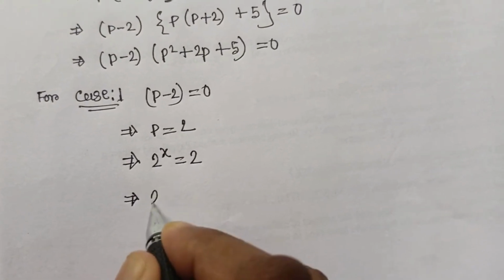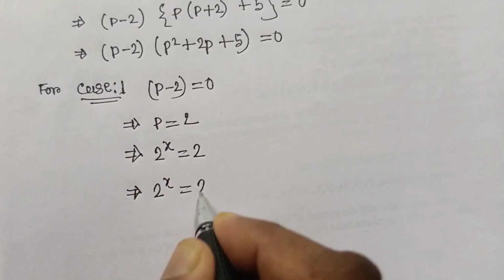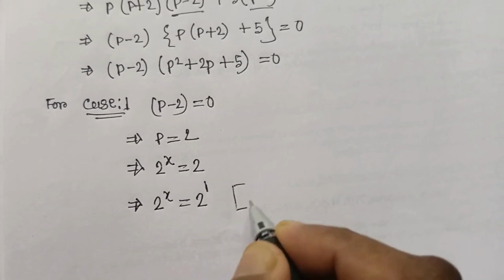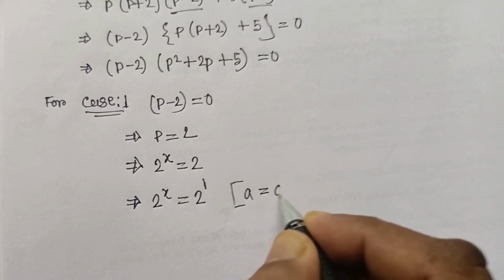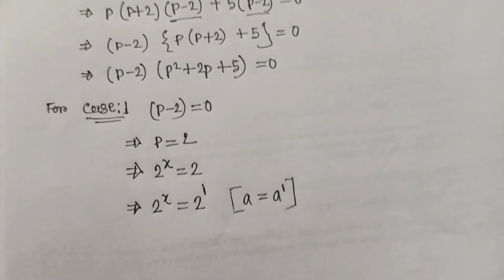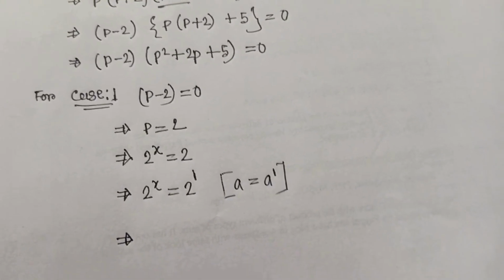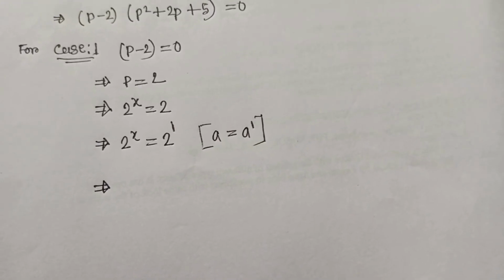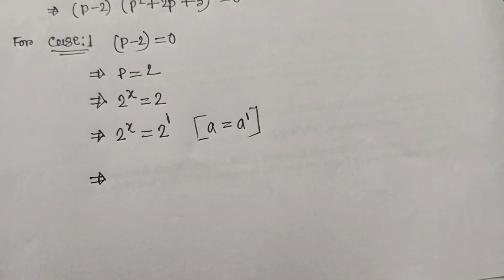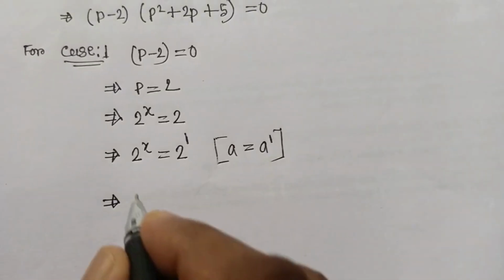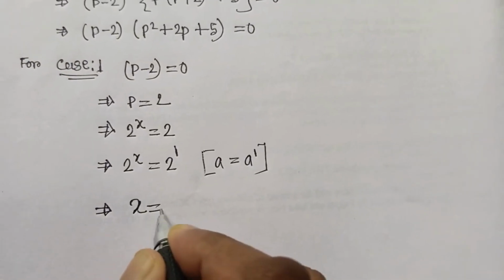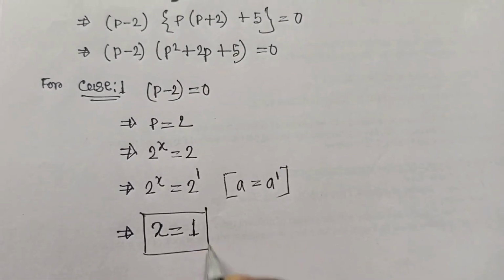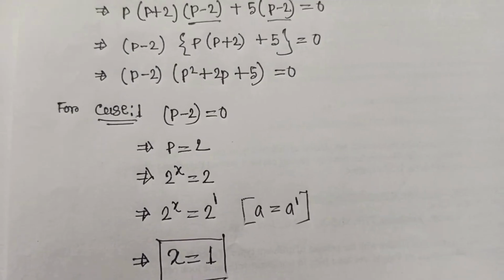Now we can write 2 as 2 to the power 1, as a is equal to a to the power 1. From this we are seeing that the base of both sides is the same, and the base is 2, so we can write x equals 1. So we got one solution from here, that is x is equal to 1.